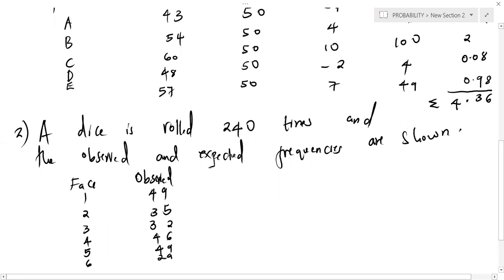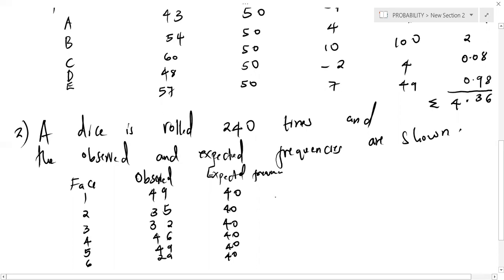And the expected frequency: it's a dice, so the probability of getting any side is obviously 1/6, and it is rolled 240 times. So we have 40, 40, 40, 40, 40, 40 is what we're expecting.